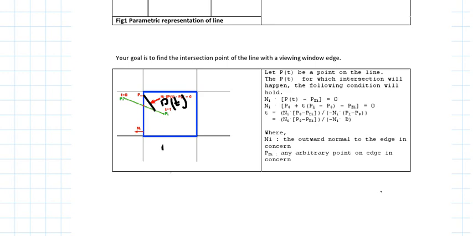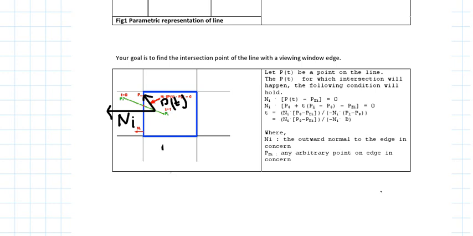Now again, from this PT you have to assume one outward normal vector with respect to the edge in concern. So this is now your Ni, and this vector is your PT minus PE.